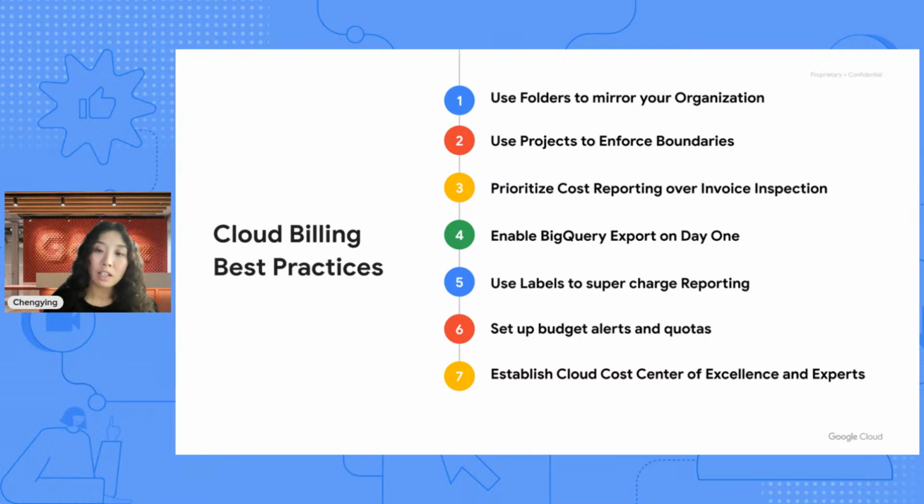Number 6 is setting up budget alerts and quotas. All this will help you to track actual GCP costs against planned spending, and it can also protect users from overspend. Number 7, establish a cloud cost center of excellence and experts.